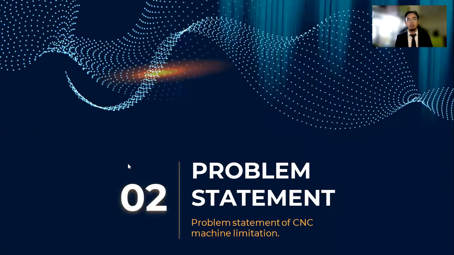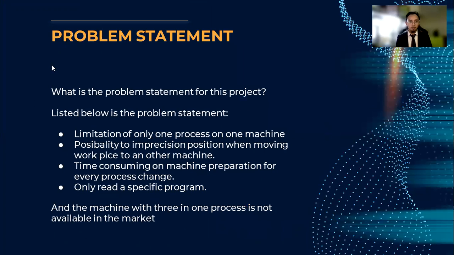All right. The second topic is the problem statement. What is the problem statement for this project? Listed below is the problem statement. First, the limitation of only one process on one machine. Second, the possibility of imprecise positioning when moving the workpiece to another machine, which is a process change from the CNC router process to the CNC laser process.